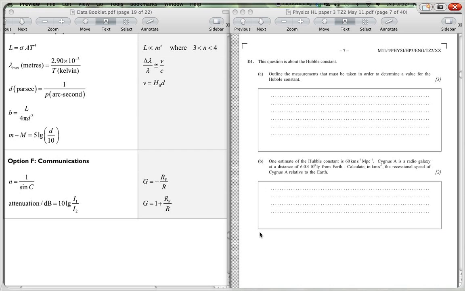It says one estimate of the Hubble constant is 60 kilometers per second per megaparsec. Cygnus A is a radio galaxy at a distance of 6 times 10 to the 8 light years from the Earth. Calculate in kilometers per second the recessional speed of Cygnus A relative to the Earth.